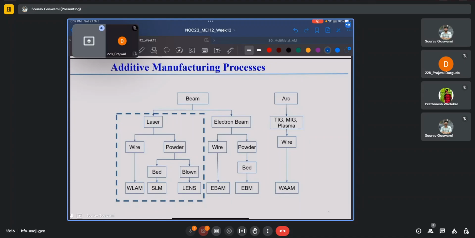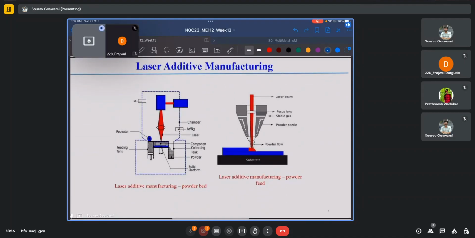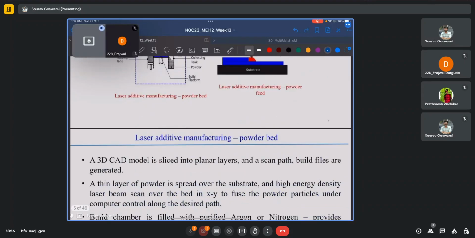So this is for processing metals only. Of course, when you have other feedstocks such as polymers and cement, the types of energy sources may still be different. And here are some illustrative schematics of the processes.